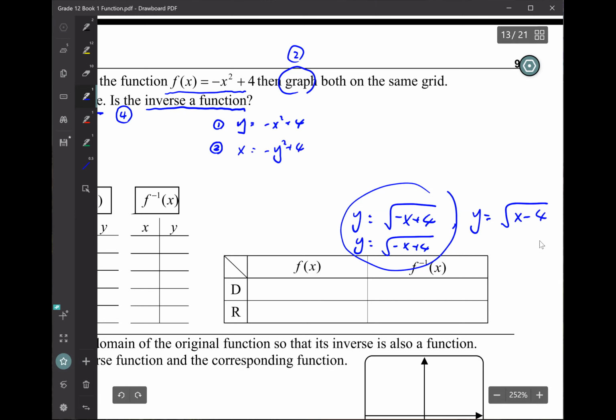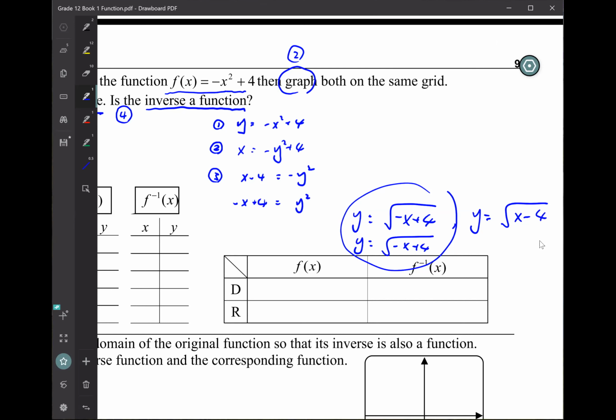And what will be the next step after? Isolate y. And how do you do that? You minus the 4 and put the minus 4 to the x. So move the 4 to the other side, I will get x minus 4 equals negative y squared. And then you multiply both sides by negative, so that will give you negative x plus 4 equals y squared.